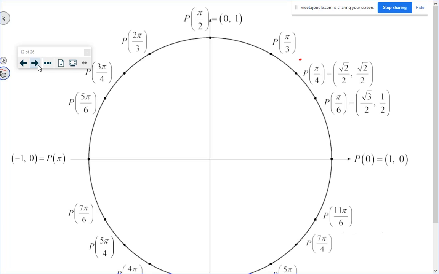So this point is root 2 over 2 comma root 2 over 2. Again, you need to know these. The next point is 1/2 root 3 over 2. I'm going to give you a second to write those coordinates down, and then I want to explain to you how I know what they are.